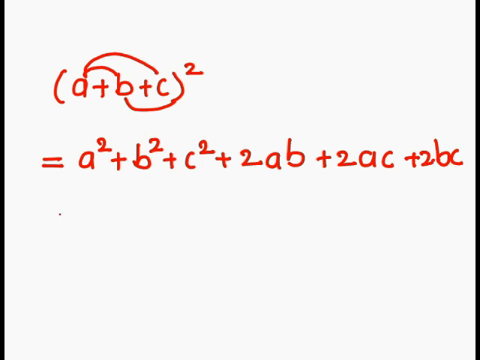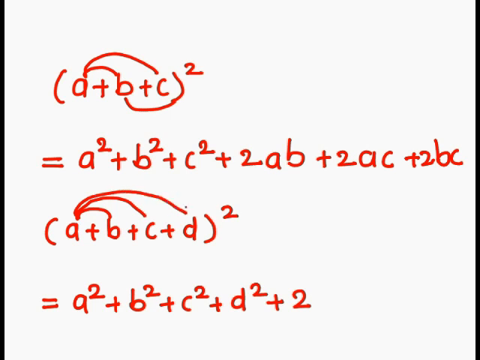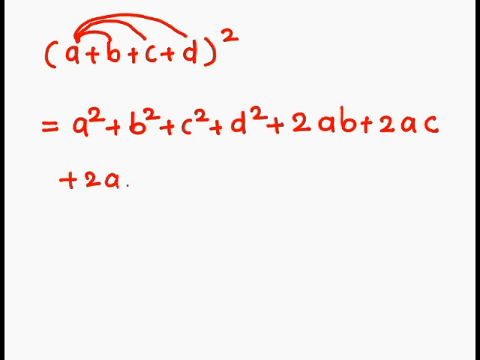One more thing we require is the square of A plus B plus C plus D. Any guess? It is similar to the previous one. So we get A square plus B square plus C square plus D square, plus 2 times the combinations of A, that is 2AB plus 2AC plus 2AD.